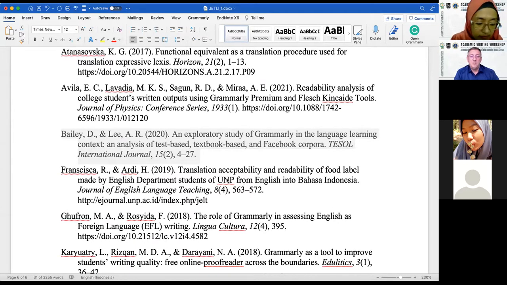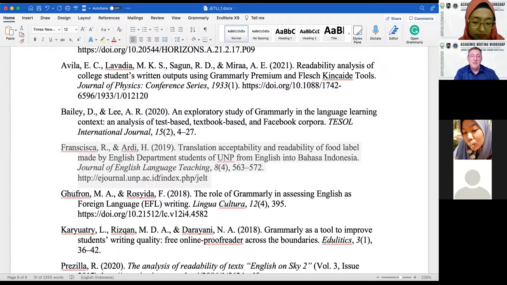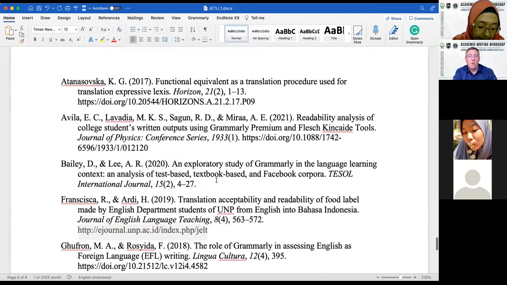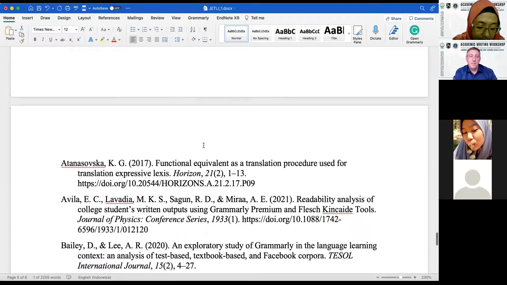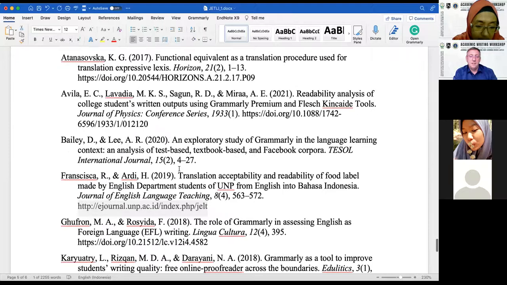This one right here, if you click on this website, it's going to be indexed. It might not take you to a specific article or a specific abstract. Let's see.